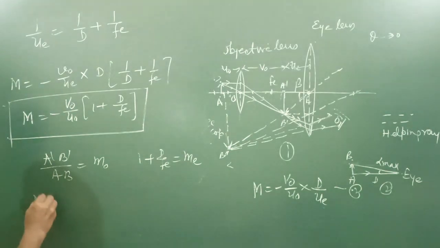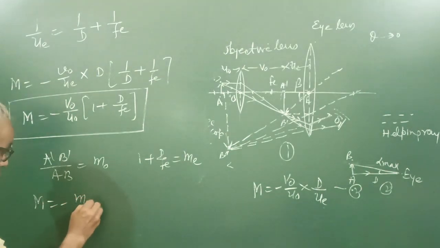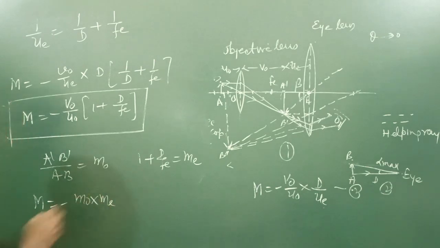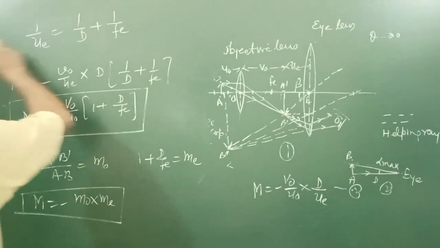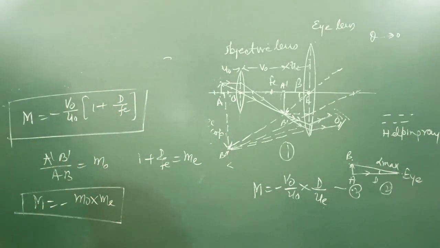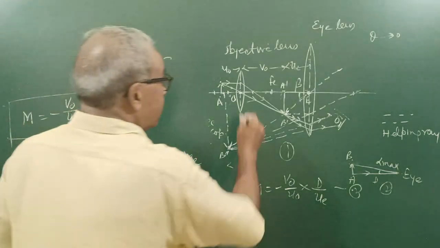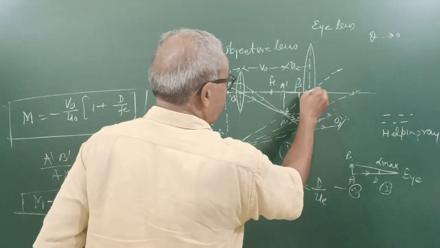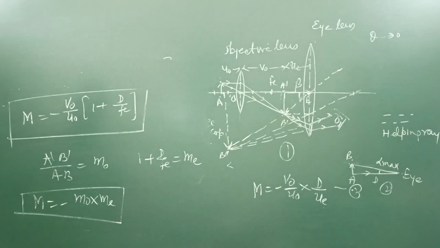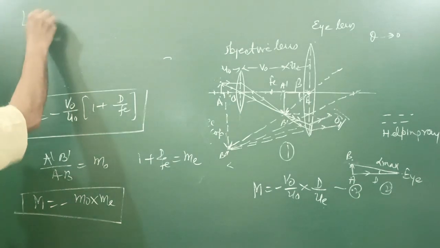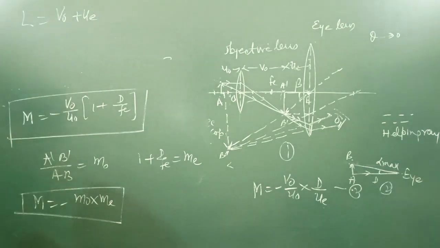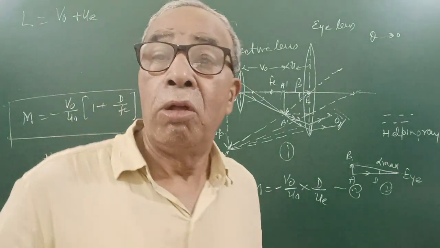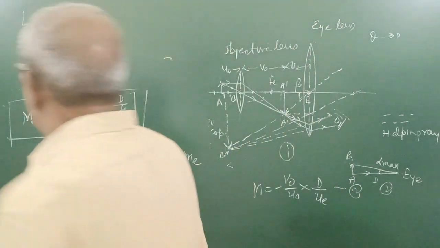So this is also used: M is equal to minus MO into ME, the product of linear magnification produced by the eye lens and objective lens. In this case, the distance between two lenses, which is called the length of the microscope, L is equal to VO plus UE.